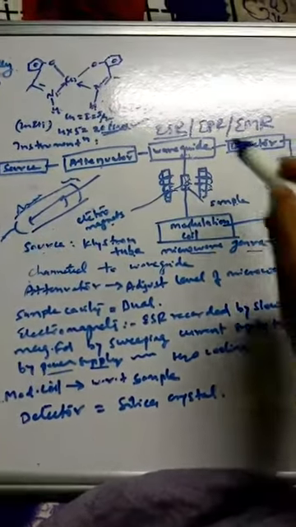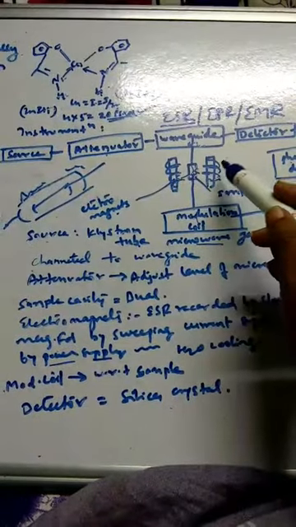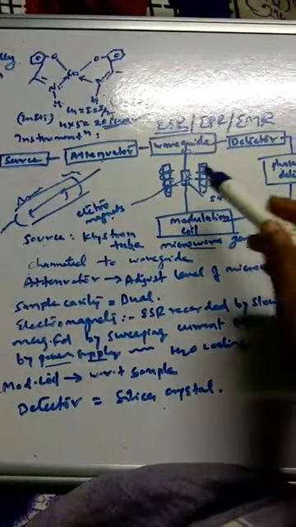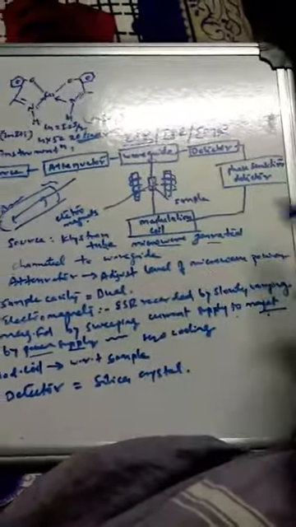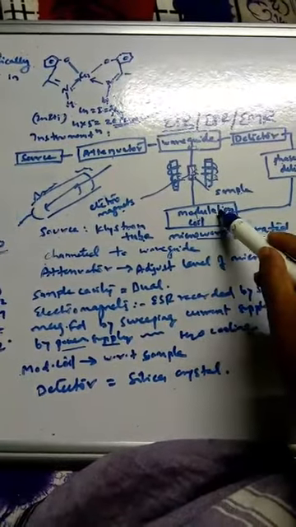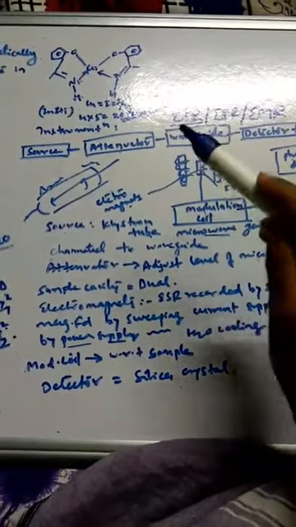Since it gets very hot here, these two systems, the magnets as well as the power supply, require water cooling. Then there is the modulation coil with respect to the sample. The modulation coil modulates the signals, together with the phase sensitive detector.